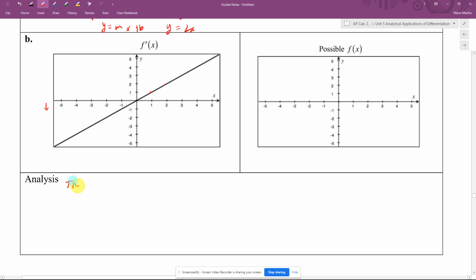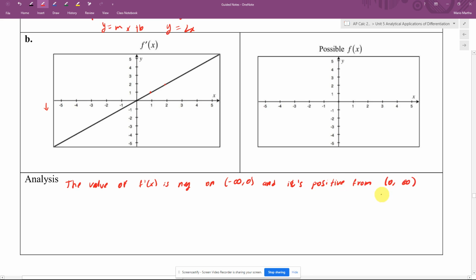We're going to say that the value of f prime of x is negative on negative infinity to 0, and it's positive from 0 to positive infinity.